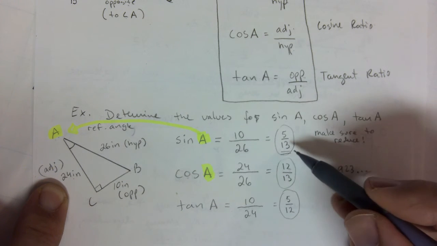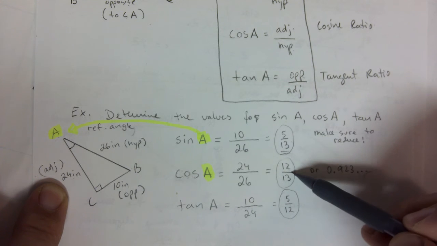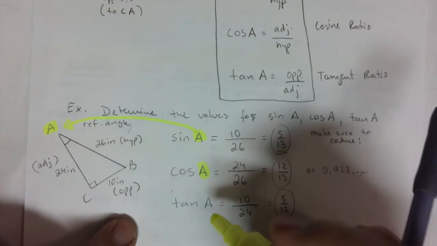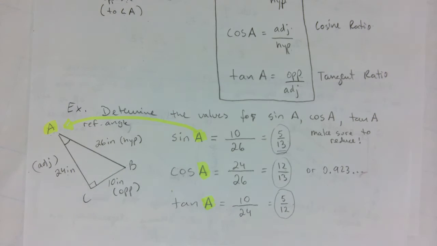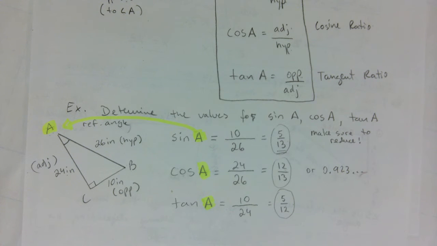So this is the ratio of sine of A, cosine of A, tangent of A, okay? And I will make sure I highlight that. And that's how, if I ask you to determine the value or just write the values of these three, that's how you would do it, okay?